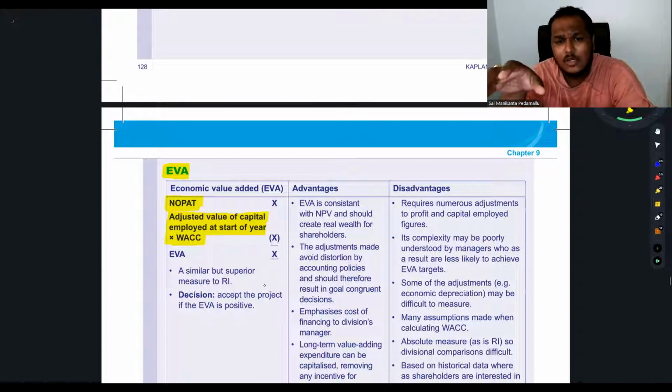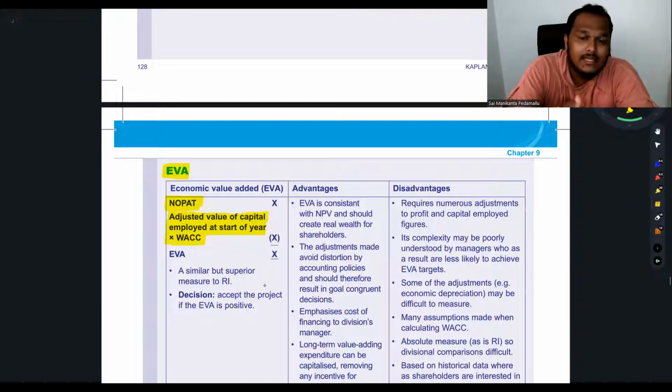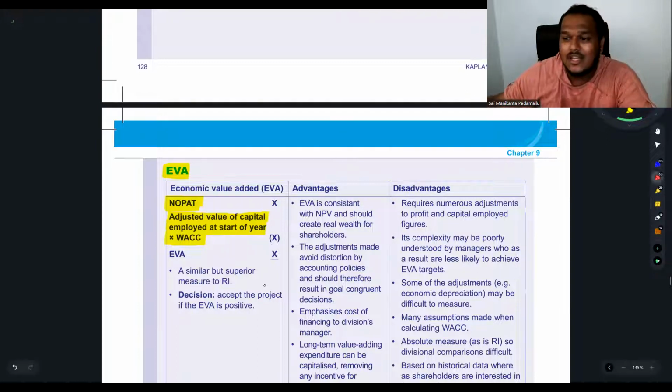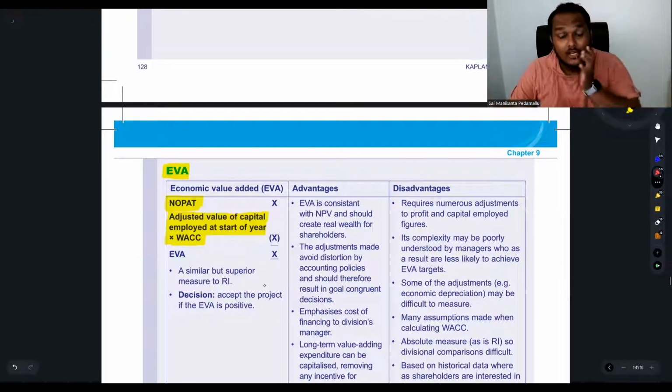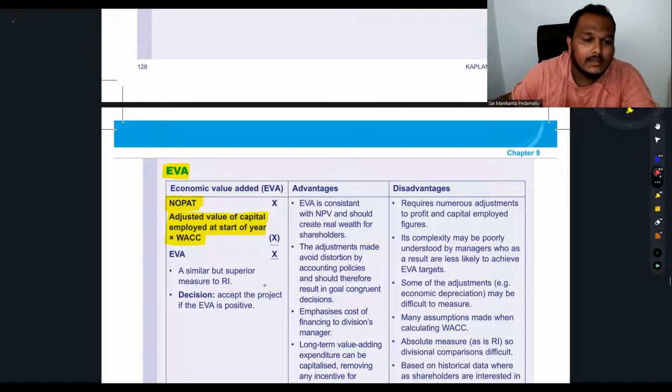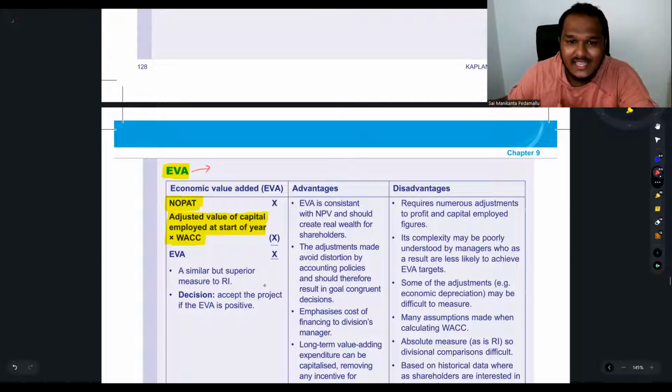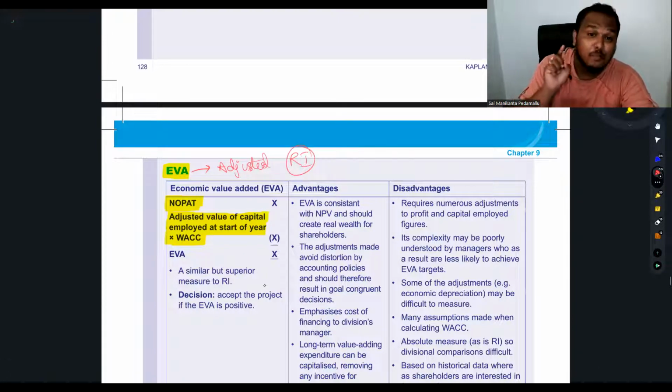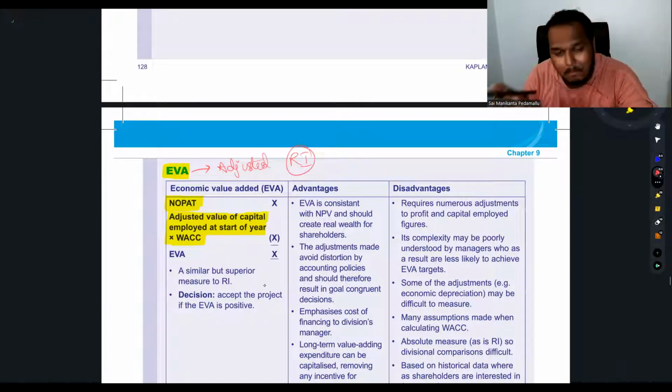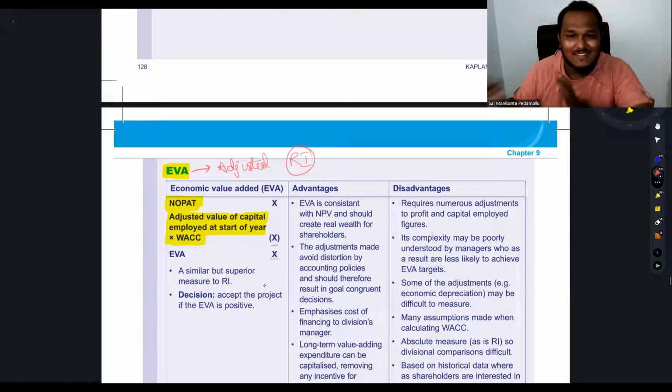Isn't this similar to residual income? Yes, it is similar, but residual income is calculated on book values, whereas EVA is calculated on actual utility. So EVA is nothing but adjusted RI. It is residual income, but instead of taking book values, I take the more reasonable values.